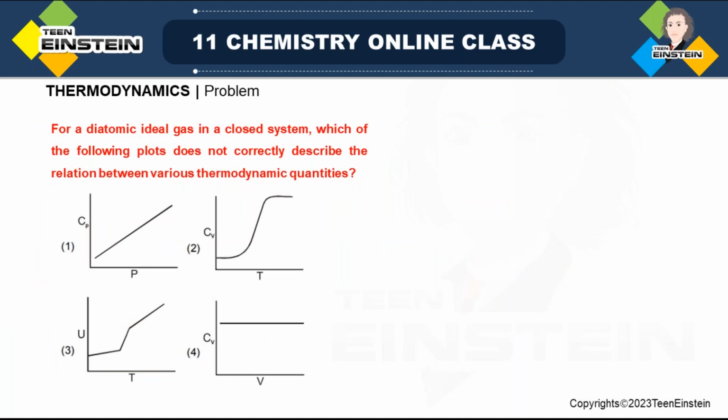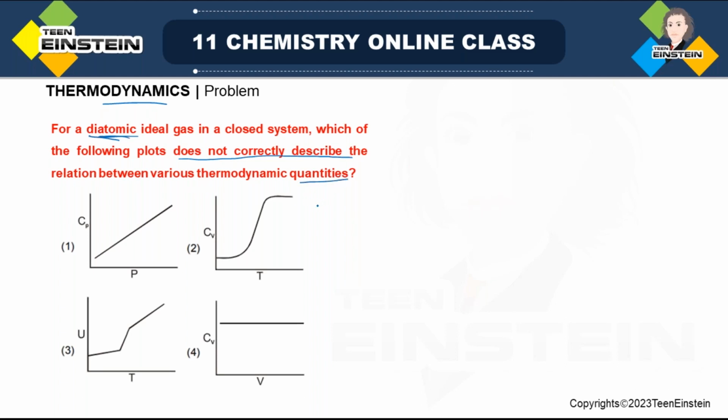So now we will discuss a problem, because all the topics that are present in this chapter are complete. Here we have a problem for a diatomic ideal gas. Diatomic, this information is important. Ideal gas in a closed system, which of the following plots does not correctly describe the relationship between various thermodynamic quantities?